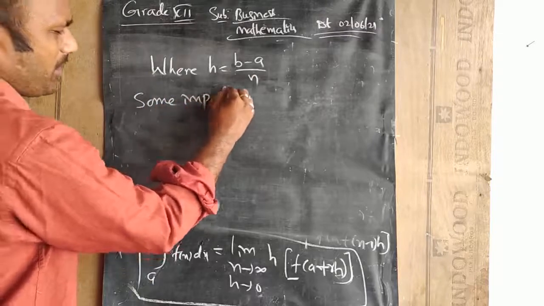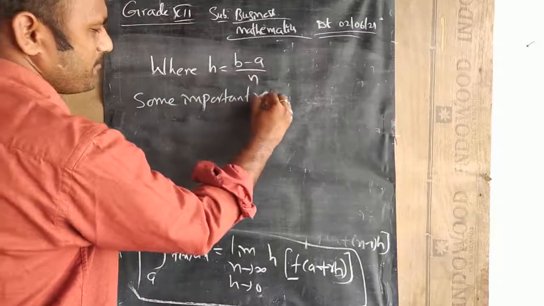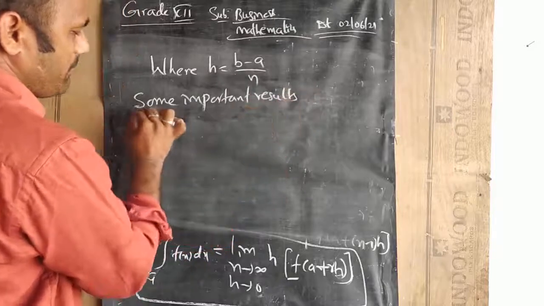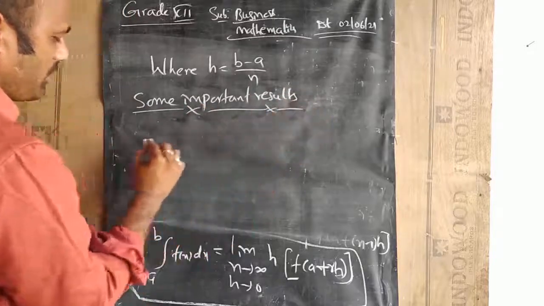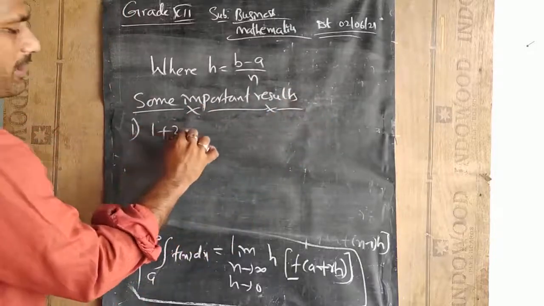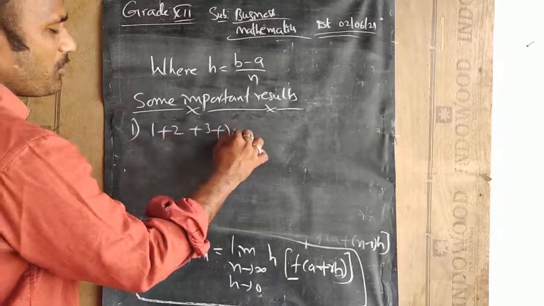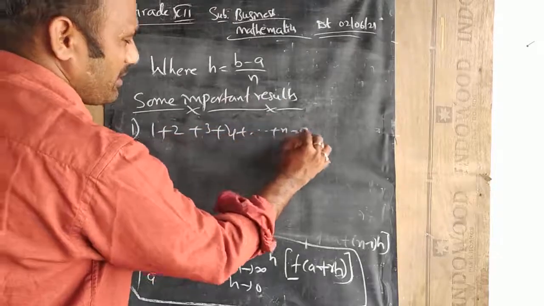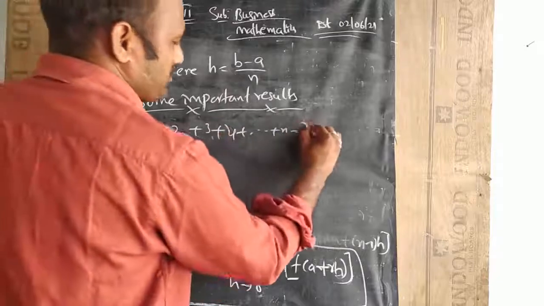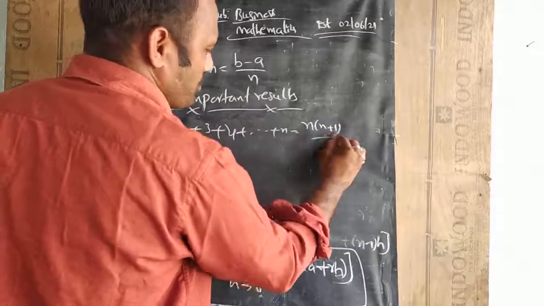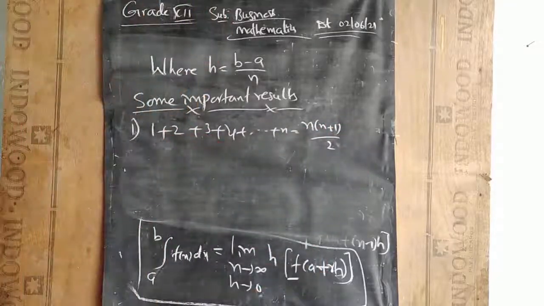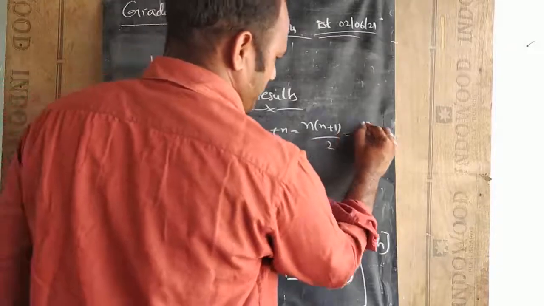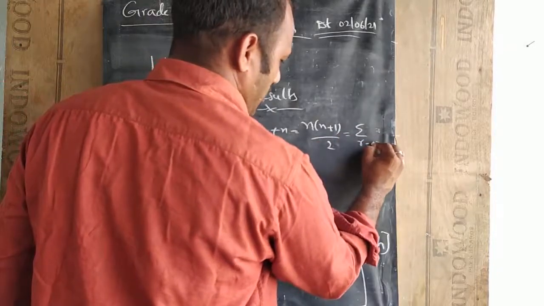Next, some important results. What are those? The first one is 1 plus 2 plus 3 plus 4 plus so on plus n. Since we are adding n terms, the formula is n into n plus 1 by 2. This can be written as the summation of r, r equals 1 to n.